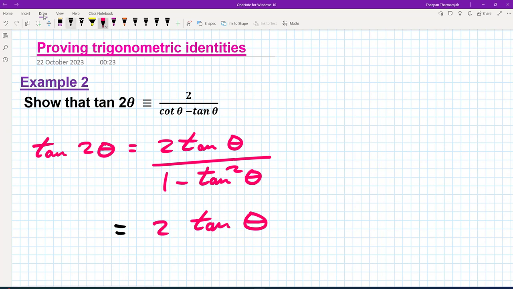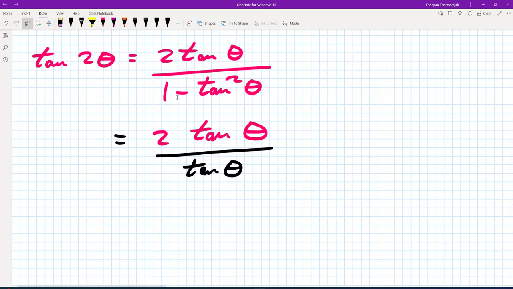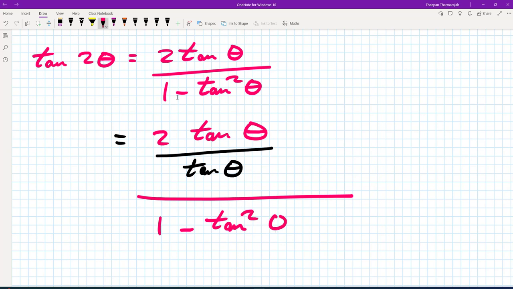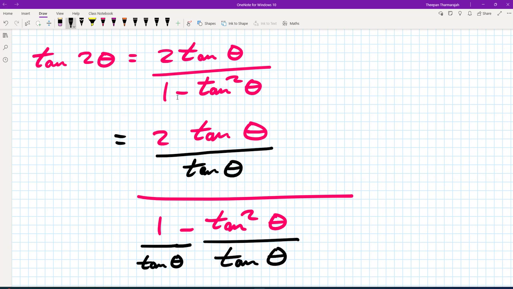So we need to divide this by tan theta. The original's in pink, by the way. And then on the denominator, we're going to divide everything by tan theta again. So divide by tan theta here, divide by tan theta here. And what we end up with is a 2.